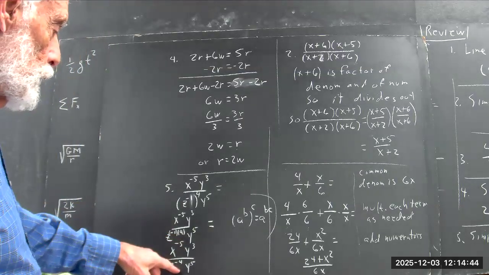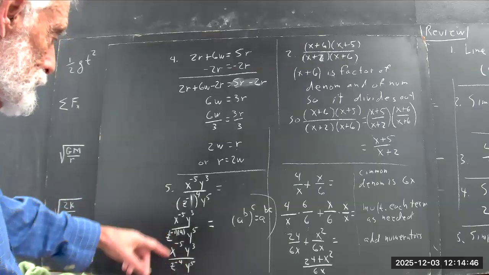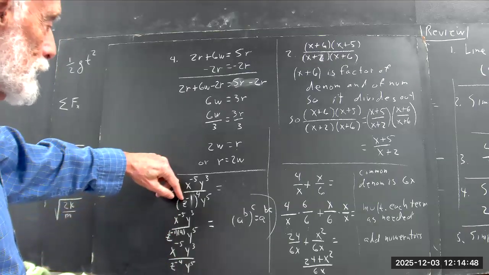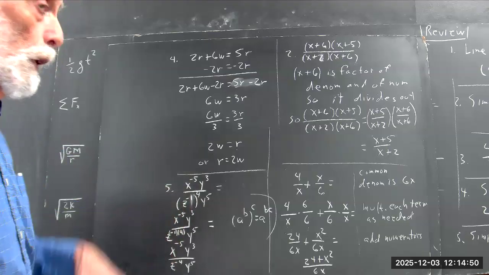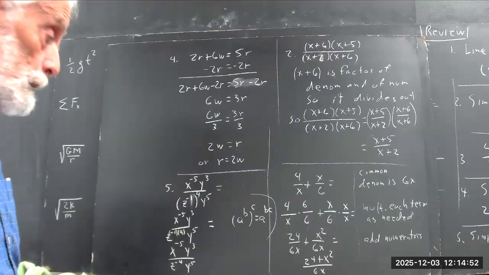So negative 1 times 4 is negative 4. So all we've done so far is just taking care of that z to the negative 1 to the 4th.